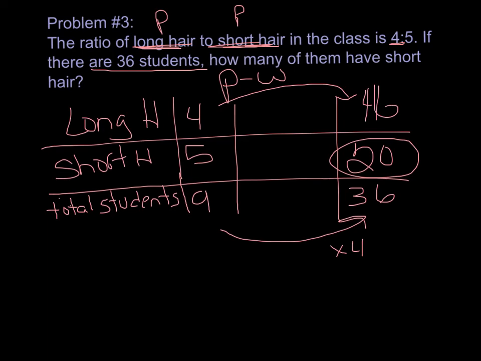That 16 out of my 36 students will have long hair. 20 out of my 36 students will have short hair. And if I'm making a part to part of the whole entire class, I now see that it's 16 to 20, whereas in the initial ratio given, it was 4 to 5.